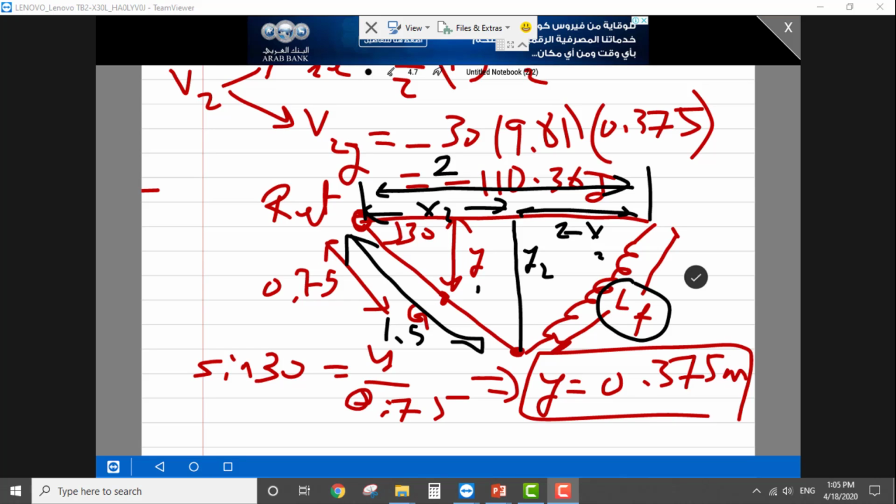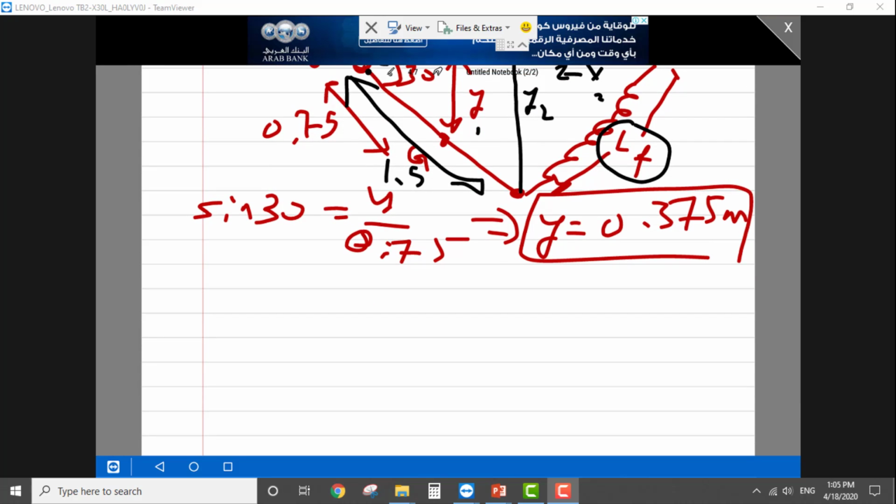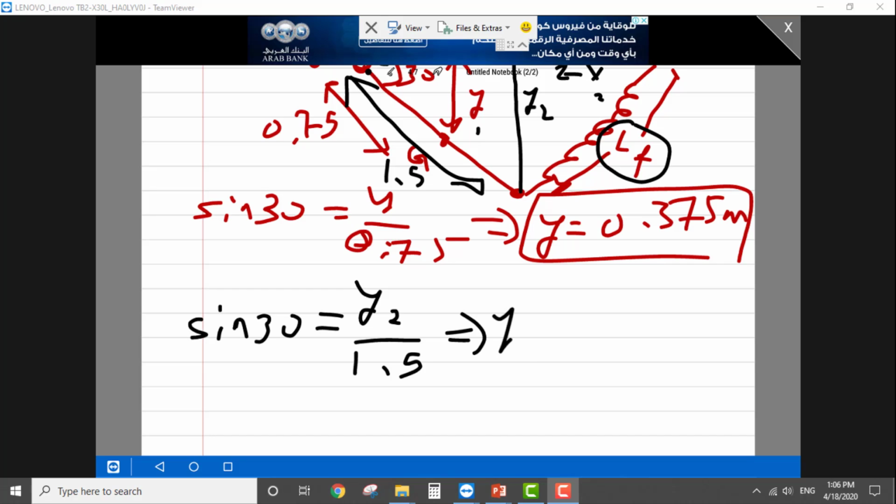Let me first find y2. Using the sine rule again, sine 30, but this time between y2 and 1.5, y2 is equal to 0.75 meter.